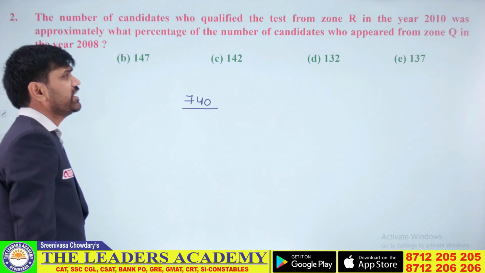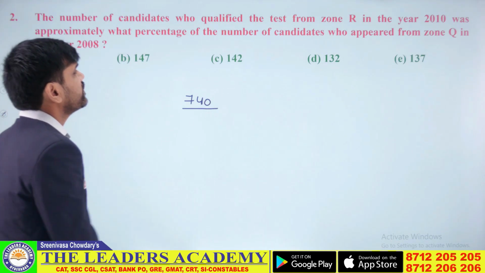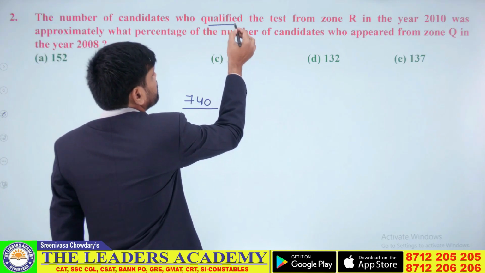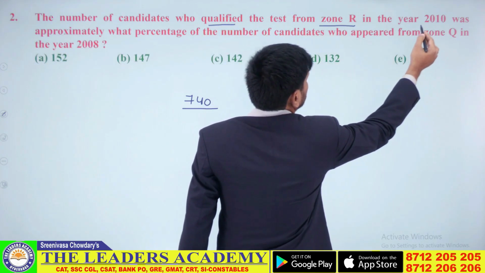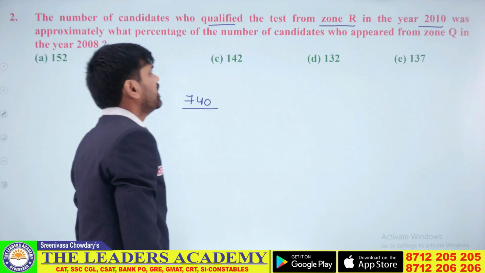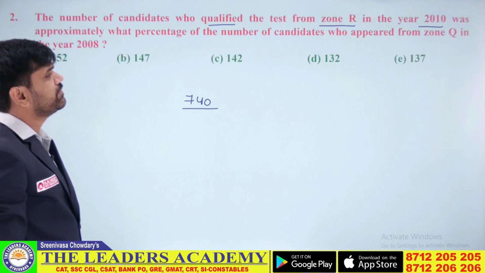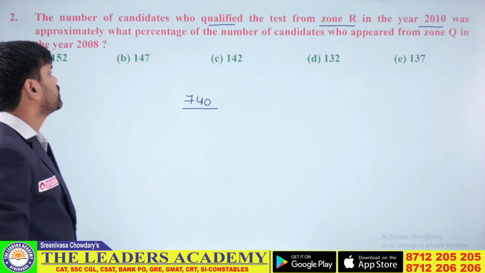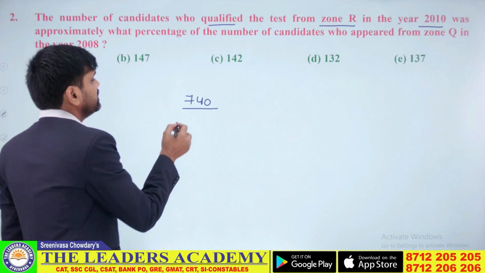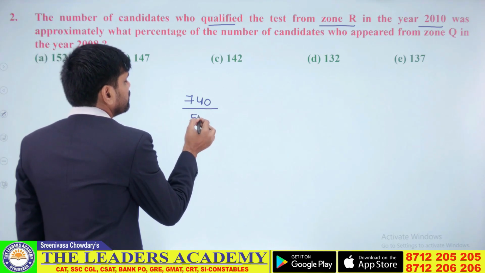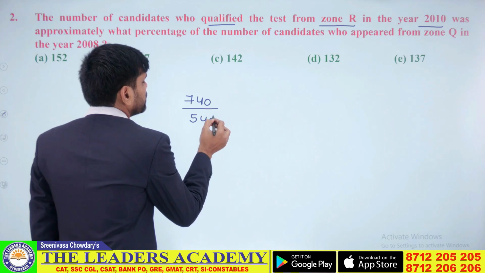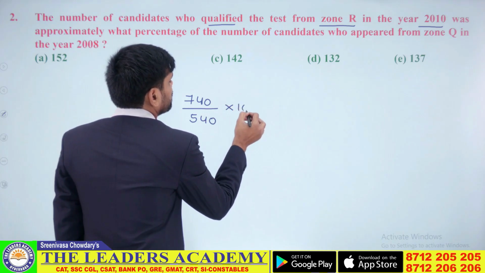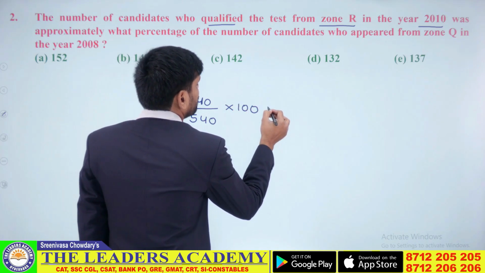740 is the number of candidates who have qualified in the test from zone R in the year 2010. And the number of candidates who have appeared from zone Q in the year 2008 are 540 into 100. This is what I am looking for.